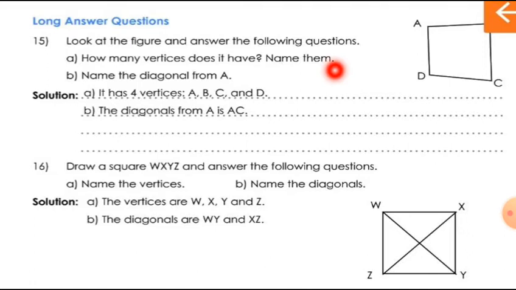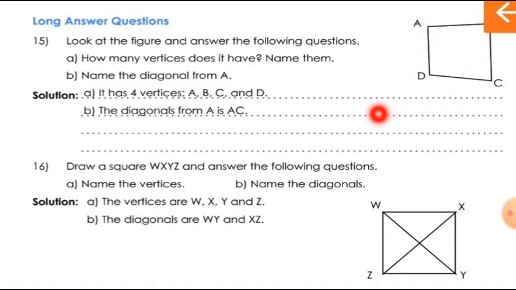In all these questions, the figures will differ, but the questions will be to write the number of vertices and name them, to write the number of diagonals, and to write the names of the diagonals. These types of questions will be asked in all of these.